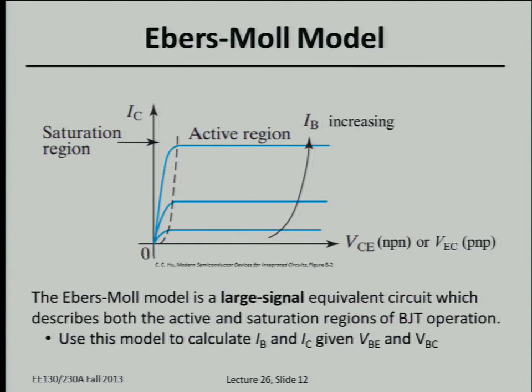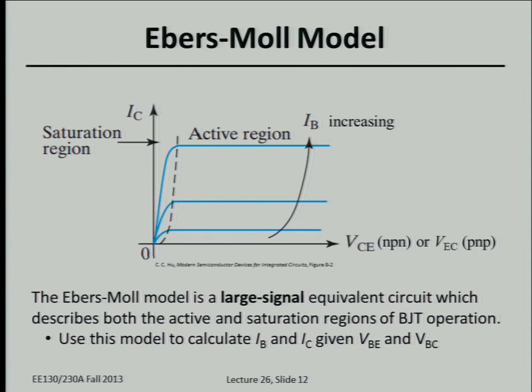All right, so now let's talk about a model. The Ebers-Moll model is what we call a large signal model. So it's not used to model small changes in current as a function of small changes in voltage.